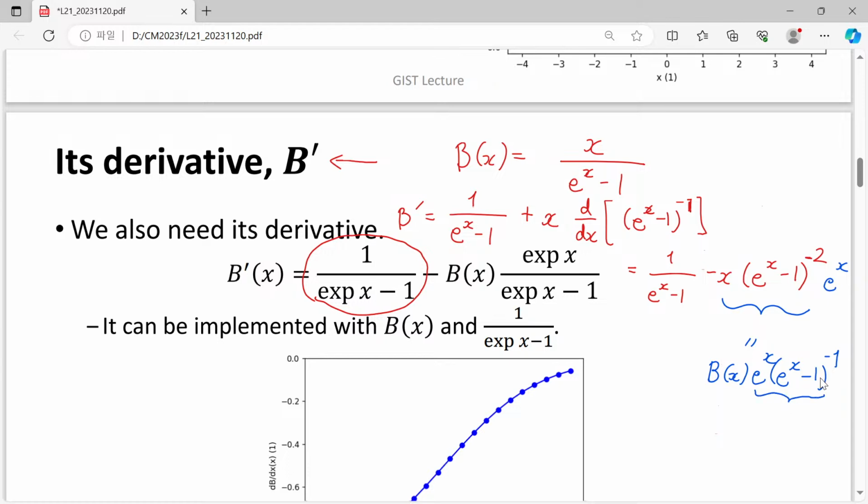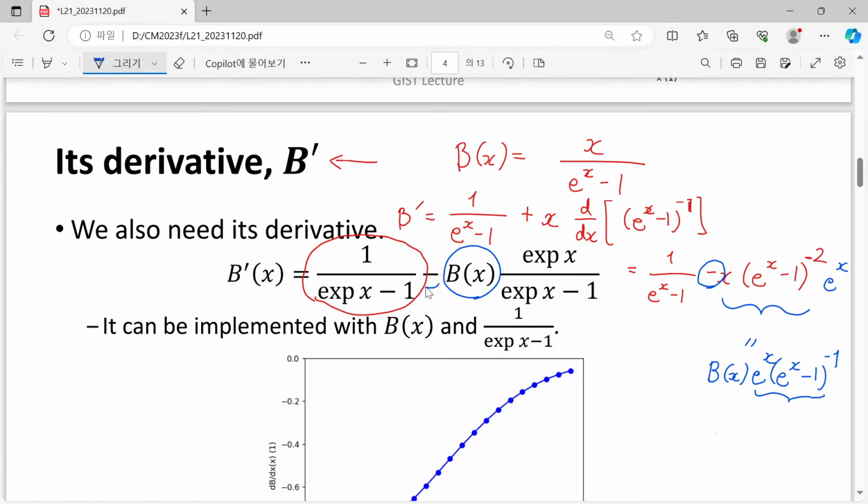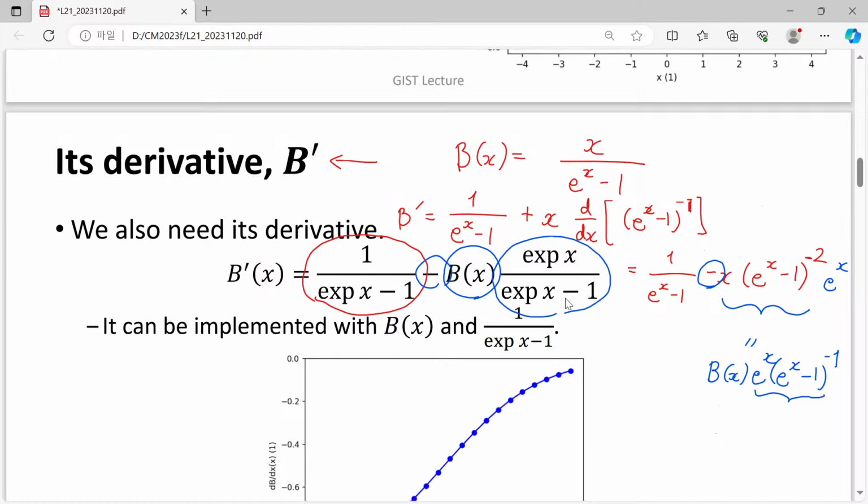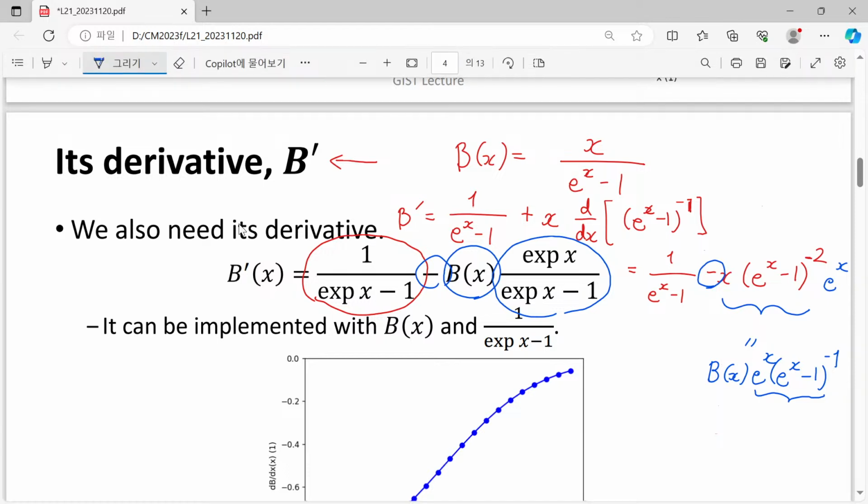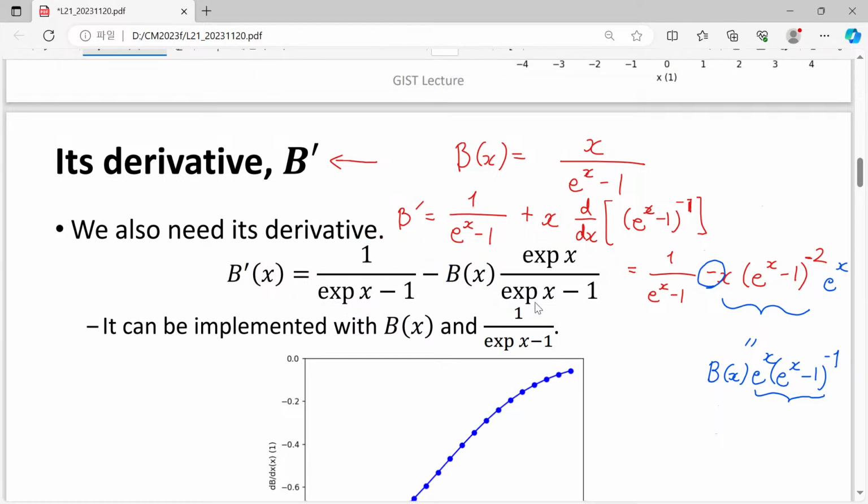So now we understand. Here we have B over x, and the minus sign comes from this one, and exponential x divided by exponential x minus 1. Of course, we can make different expressions for this derivative, but it is better to have it this way because we have already implemented the Bernoulli function.